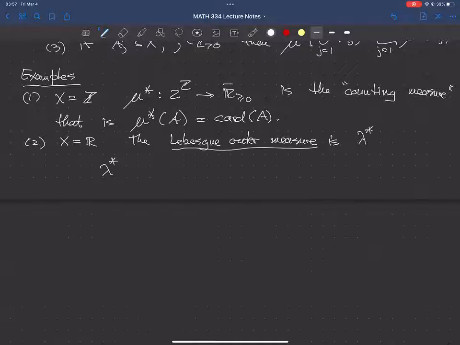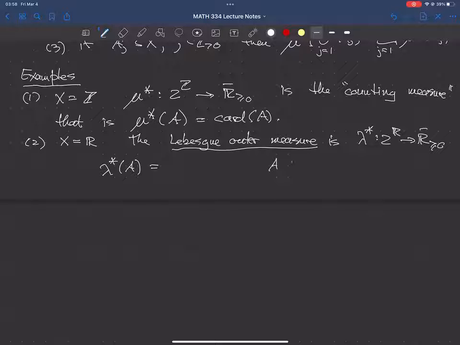So it's lambda star, taking 2 to the R to the extended non-negative reals. And so we take a set A. Here's how we define its Lebesgue outer measure. The first thing we do is choose a countable collection of open intervals that covers A.